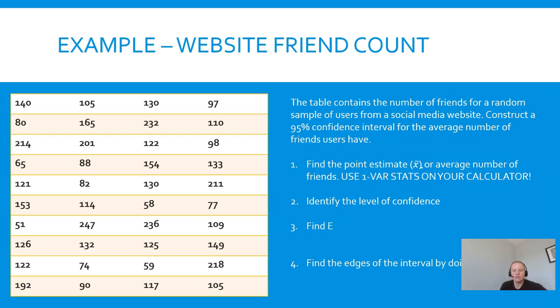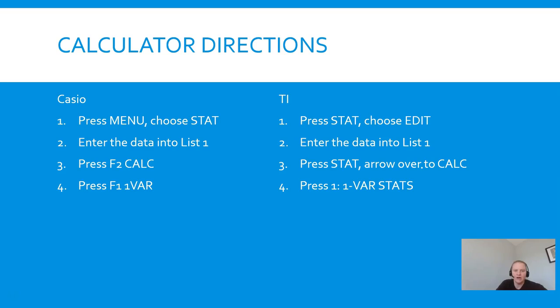The way I want you to do that is use your calculator and use 1-var stats. We did this earlier in the year. If you don't remember, here are the directions for Casio and for a TI. You need to type all the data in and then follow the directions to get the 1-var stats, and that's where we're going to get our point estimate, our X bar, and our standard deviation.